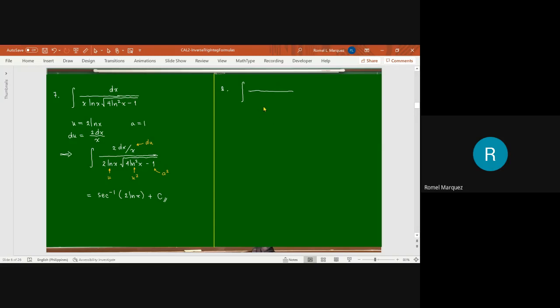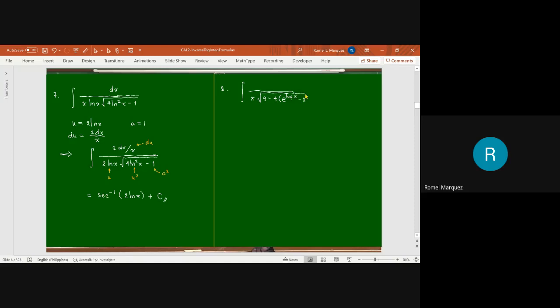Okay? So, we'll now have E. So, this is x square root of 9 minus 4 times E. Sorry, 4 times E to the logarithm of x minus 3.